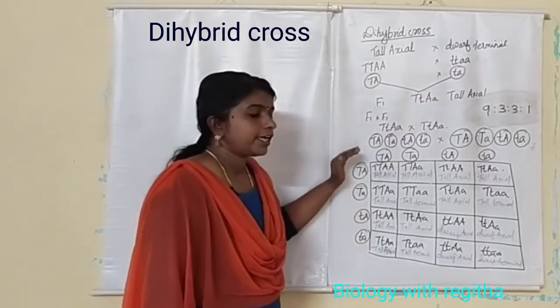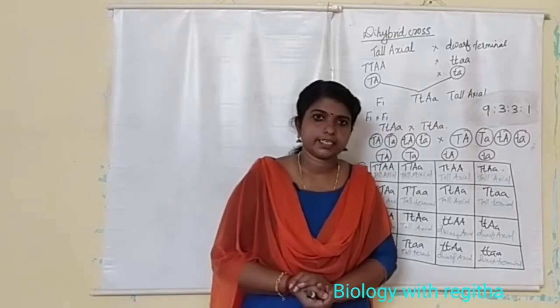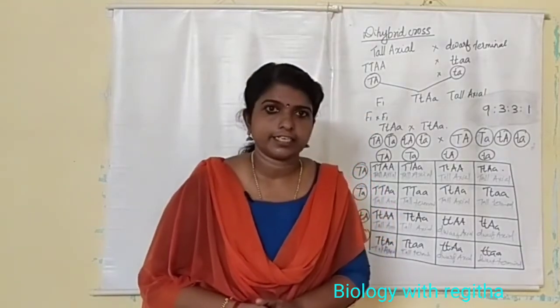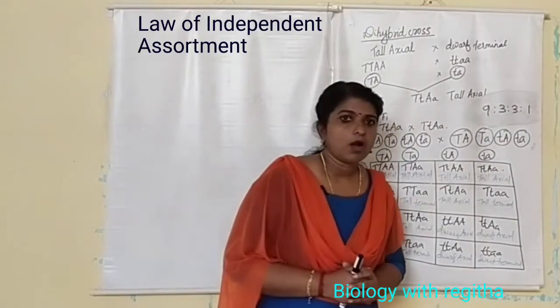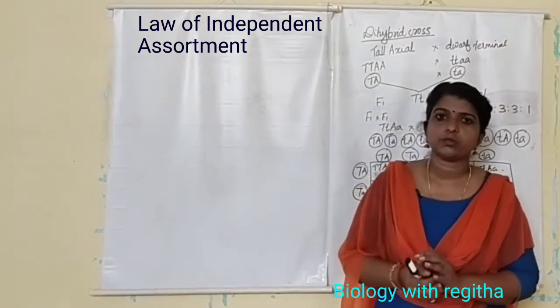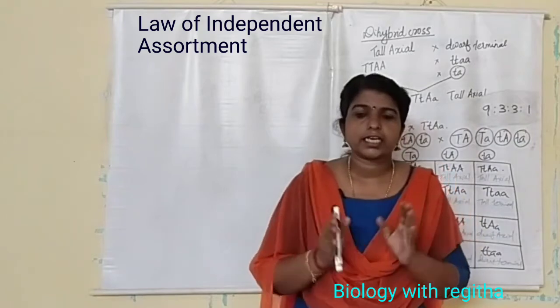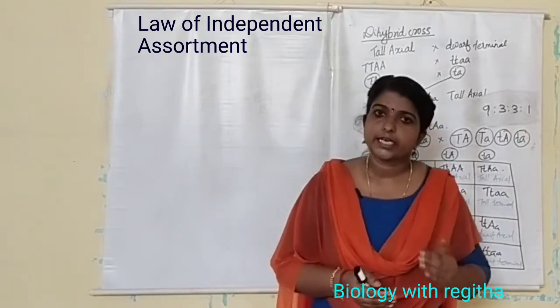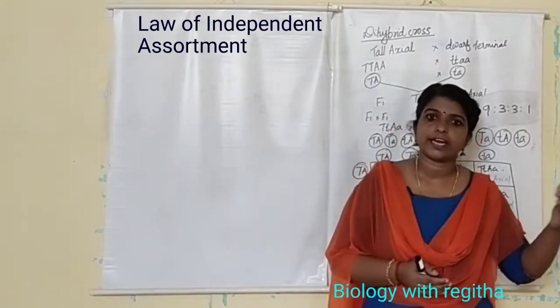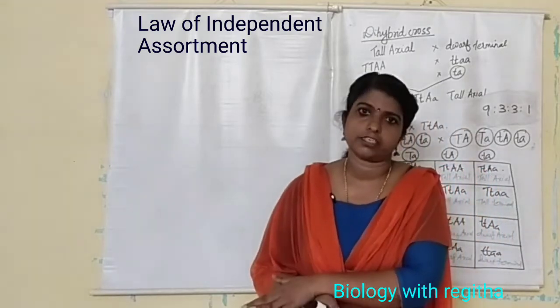So after conducting this experiment, Mendel formulated his third law of inheritance, known as the law of independent assortment. According to this law, when two pairs of characters are combined, the segregation of one pair of characters is independent of the other pair of characters.